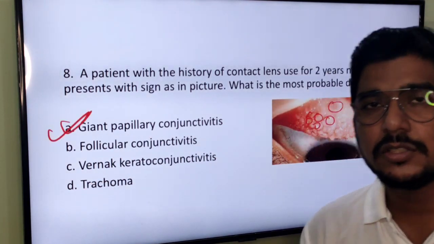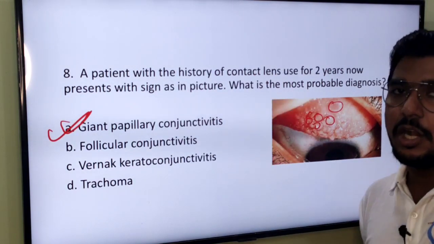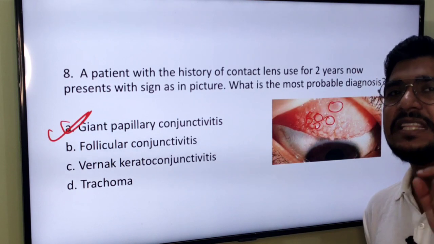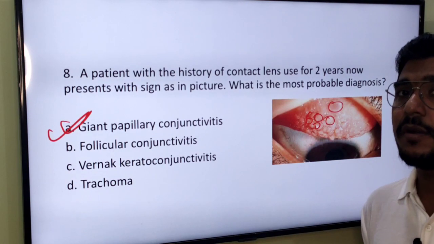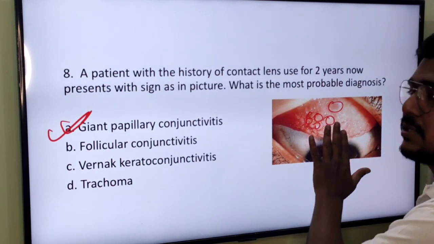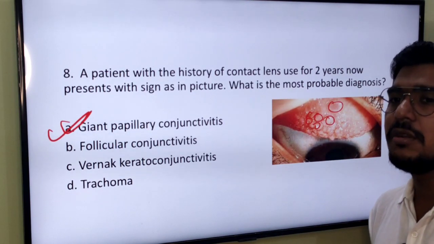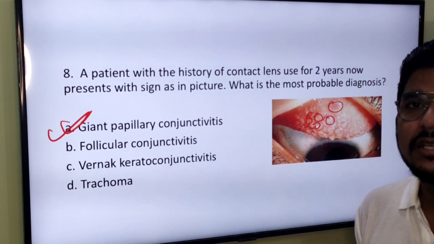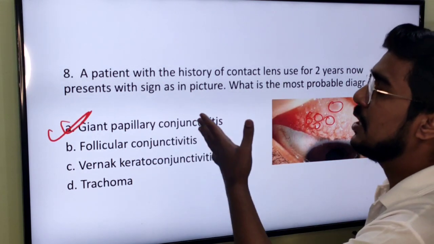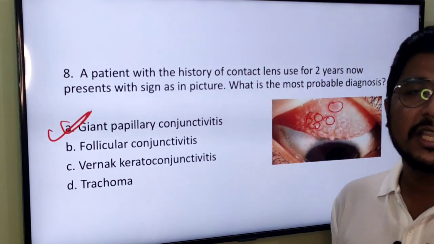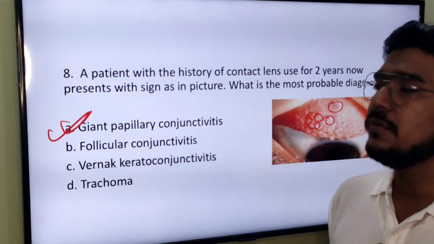The most common cause of giant papillary conjunctivitis is contact lens use for a long time, or if you have done suturing, the constant irritation of the suture to the tarsal conjunctiva will give a look like this, or an ocular prosthesis. So these three things, contact lens, sutures, or ocular prosthesis, will give rise to giant papillary conjunctivitis. Instead of contact lens, they could have given you the ocular prosthesis or the sutures.